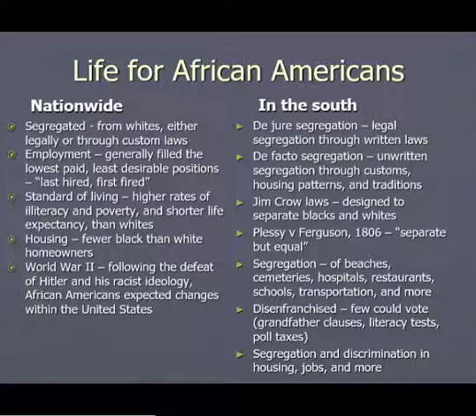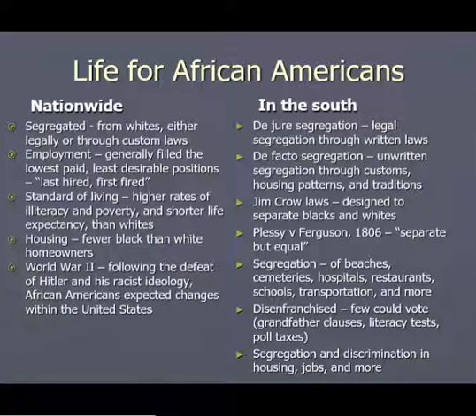And specifically in the South, it was where it was legal to segregate. And that was through things like Plessy versus Ferguson, where they said African Americans lived separate but equal. They had all the same equal rights, but lived separately.